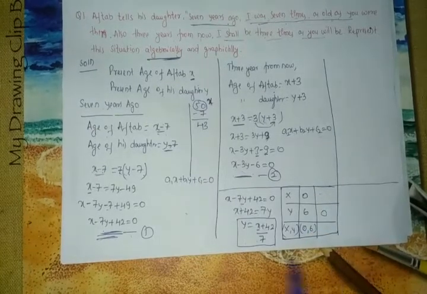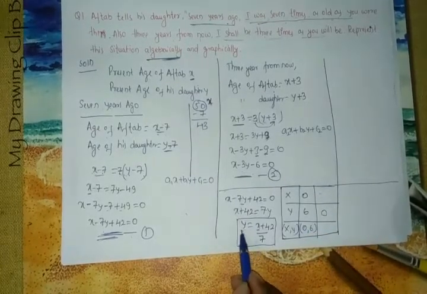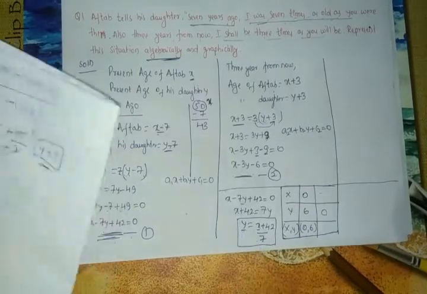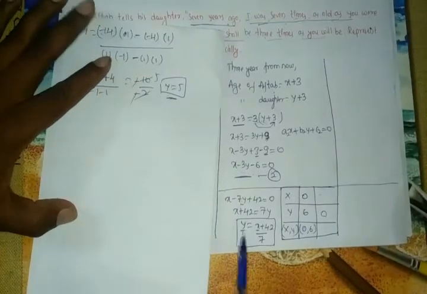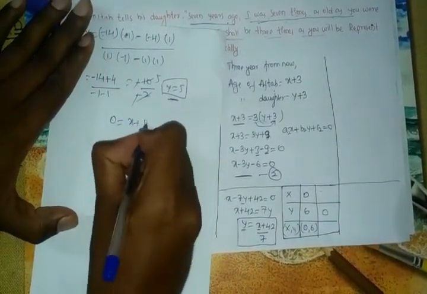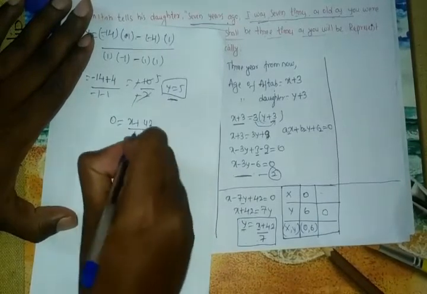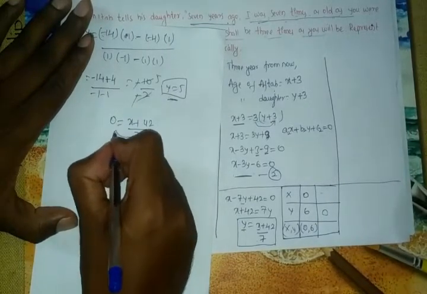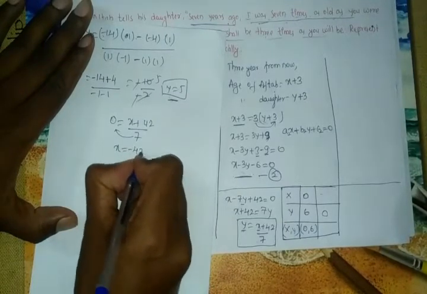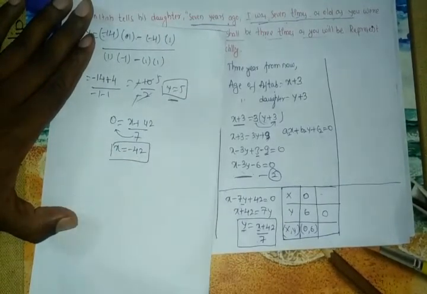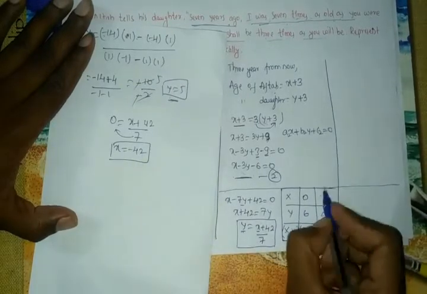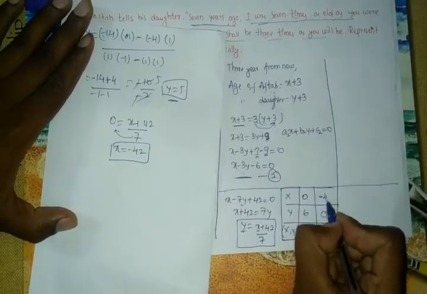When I put y as 0 in this equation, 0 equals (x plus 42) divided by 7. Cross multiplying, x equals -42. So when y is 0, I am getting x as -42.